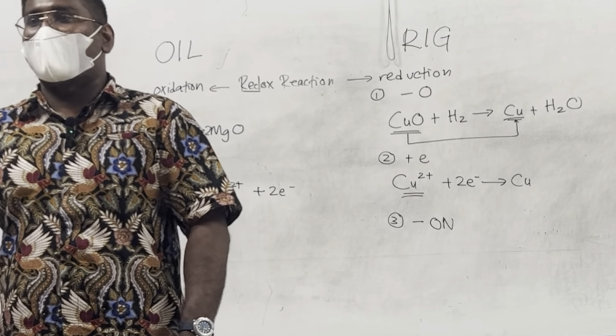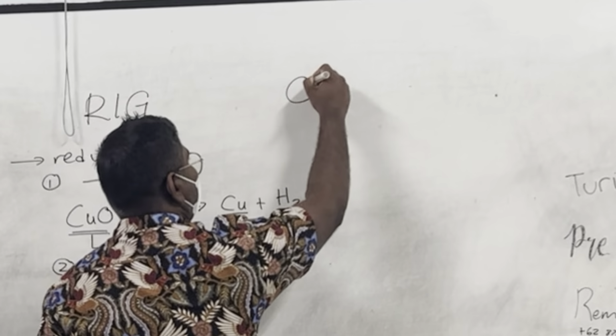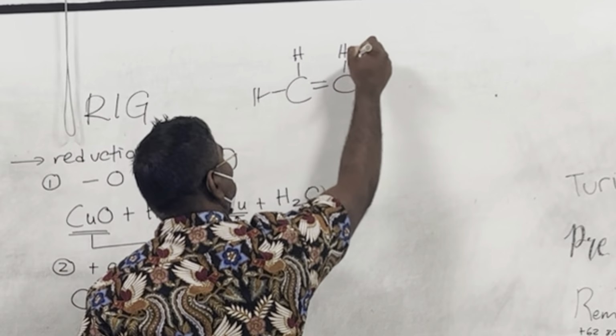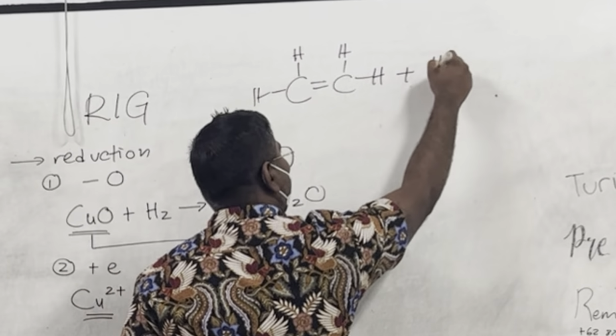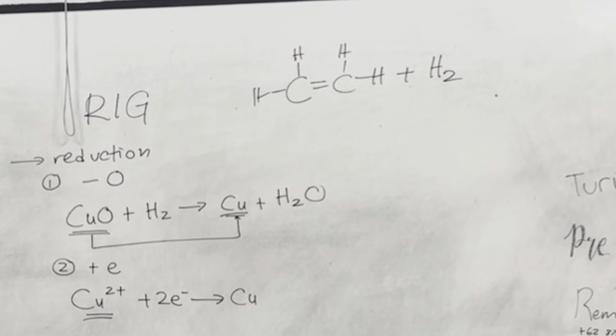So when we use H2, I'll give you one example. If I have a molecule like this, and I go and add hydrogen, this is going to be known as a hydrogenation reaction, and it requires a catalyst. What happens over here is the double bond is going to be broken, and you will have hydrogen being added.